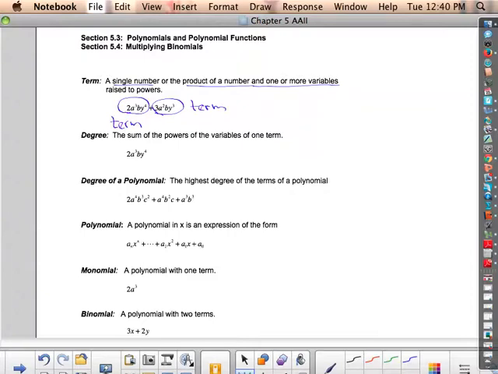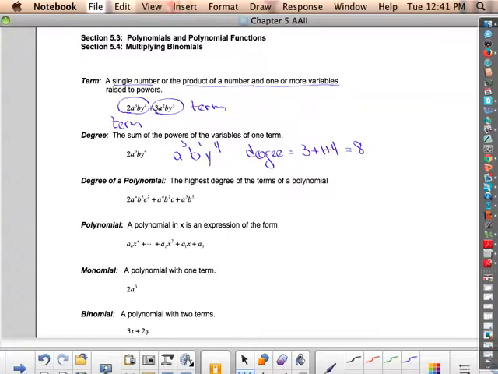So when I look at this, I have a to the third, b to the first, y to the fourth. So the degree of this term is equal to 3 plus 1 plus 4, which is 8. The degree of a polynomial is the highest degree of the terms of the polynomial.